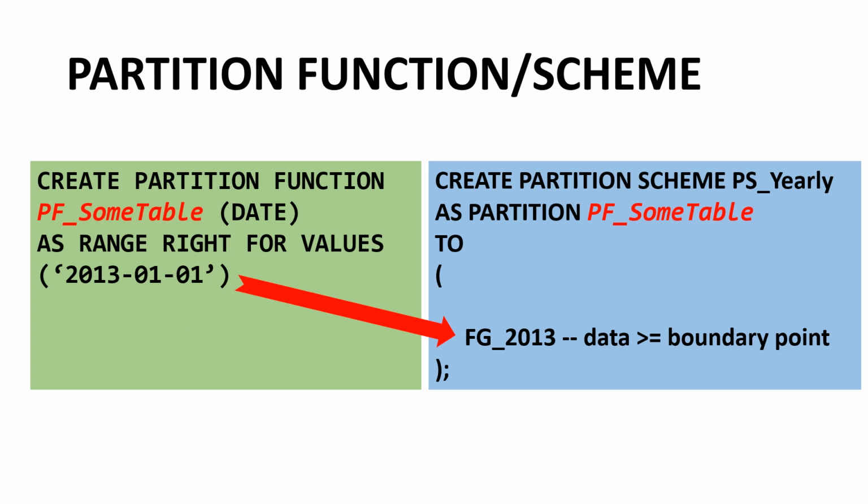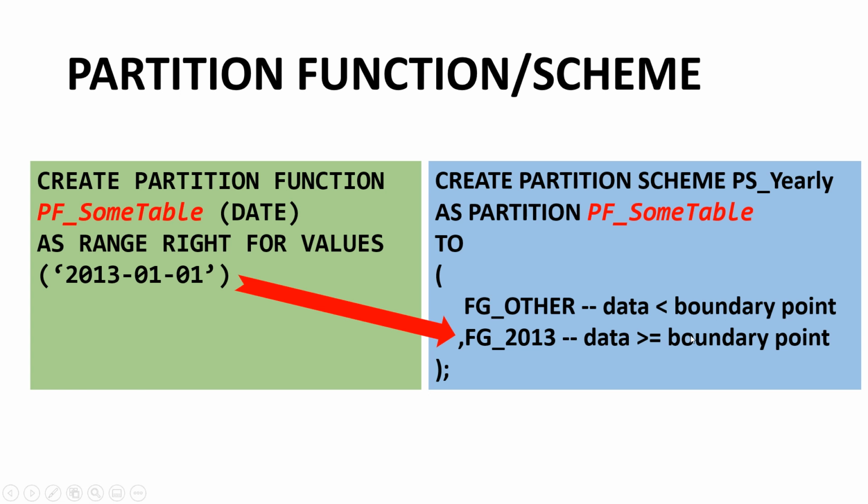Then you have the scheme. So you see the scheme in red, it references the partition function. And you would have already created file groups. In this case, let's say we call it FG_2013. What you defined here on the left is going to map to this specific file group for values greater than or equal to the boundary point.